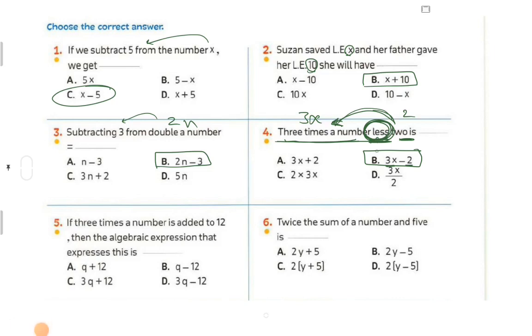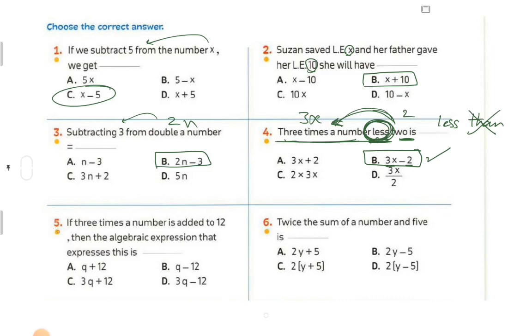Take care about the difference between less and less than. If he said less than, it's 2 minus 3x. Without than, it's 3x minus 2.